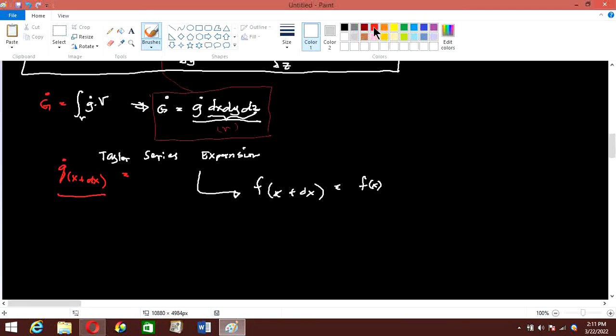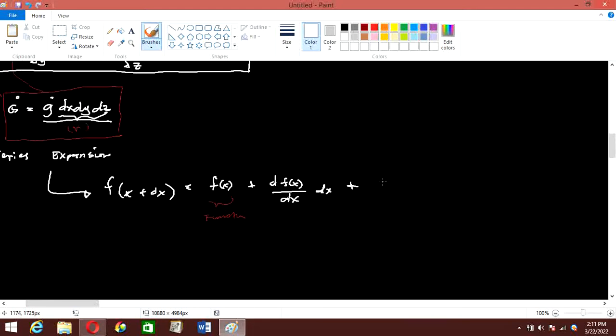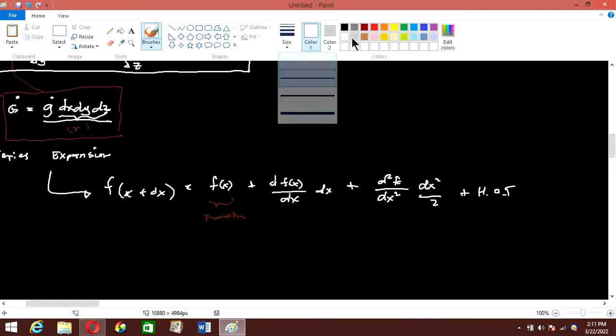So this is our function, and then plus the derivative of the function dx. Then plus this whole term here.